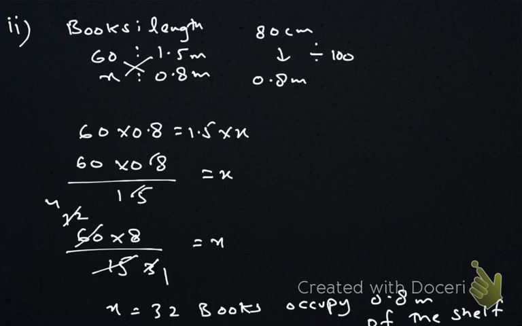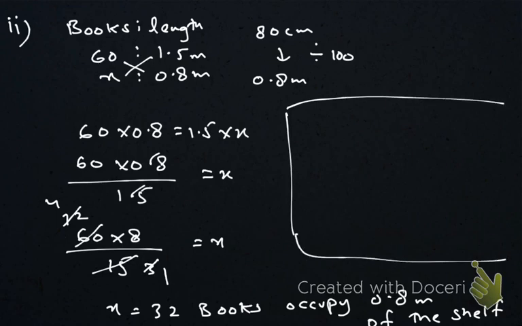Okay, so I hope the questions are clear. Now what you can do is solve these questions in order to practice and see whether you have understood the concept or not.